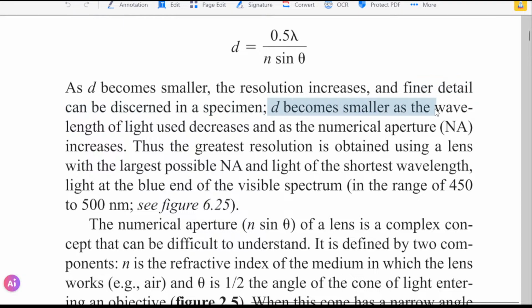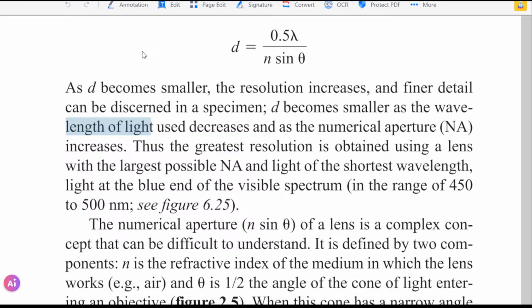D becomes small as the wavelength of the light used decreases, right? When did it become smaller? It's not just the ability of the lens to have a smaller focal length. It also depends on the wavelength of the light that is used. It depends on the wavelength of the light, how it is bent in a medium, right?